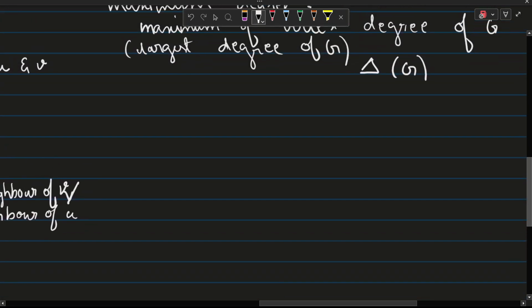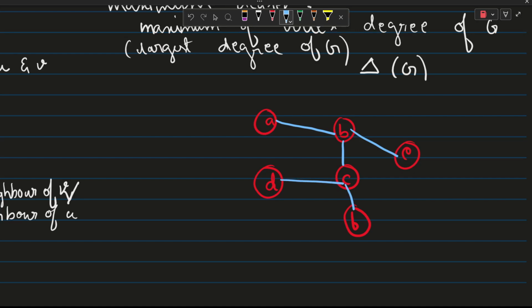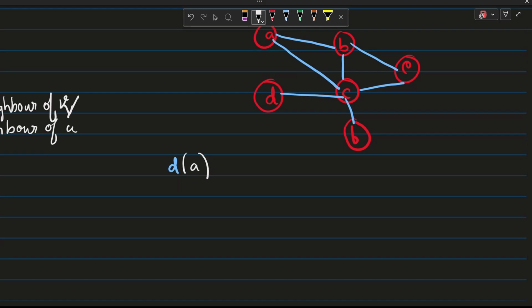Let me give you an example. Consider the following vertices A, B, C, D, E and F. Let us see the degree of each vertex. Degree of A is 2. Degree of B is 3.